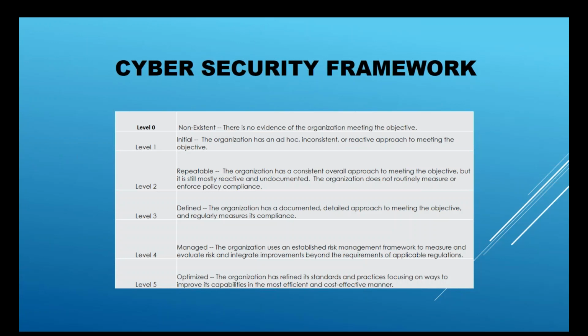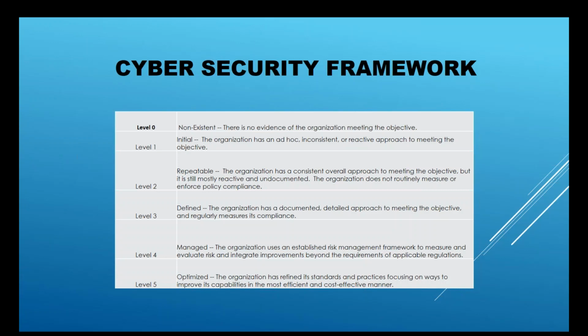Level 3 is a more defined, better documented, detailed approach to meeting the objective, and a key word in this definition is "regularly measures its compliance." We'll talk more about measuring compliance as we work through these. Level 4 is a step above that.